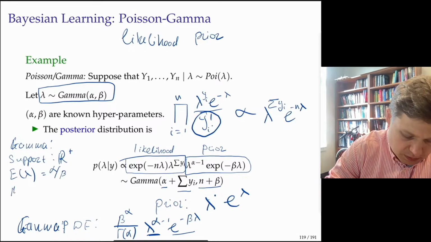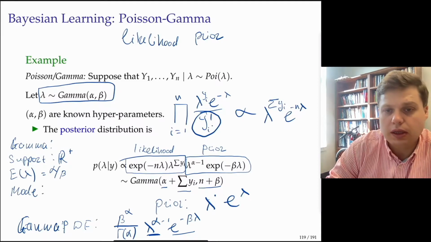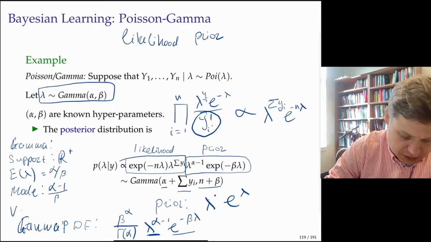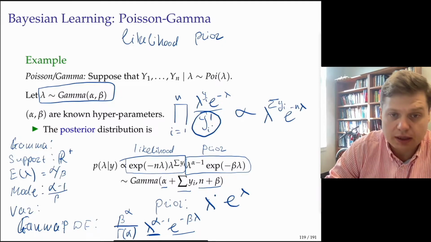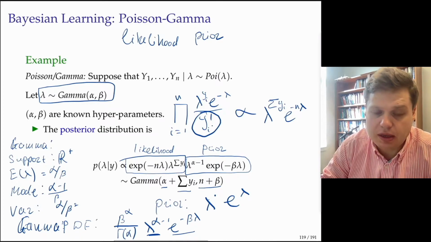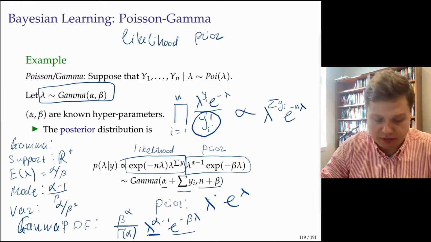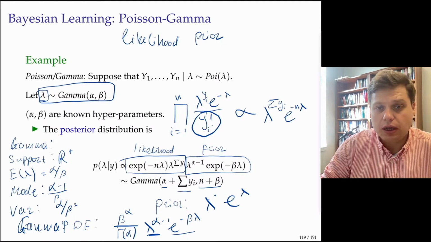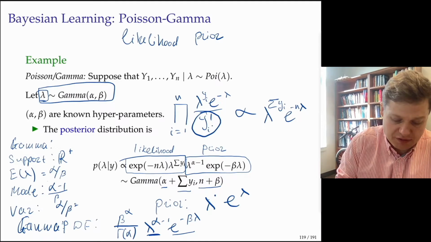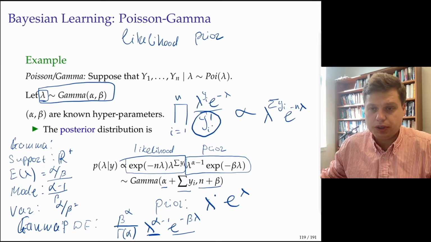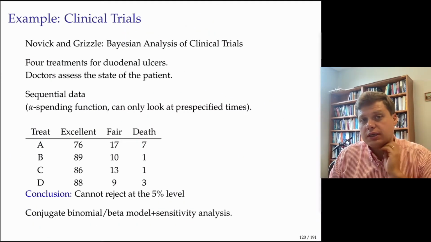And the mode is the ratio of alpha minus 1 divided by beta. And the variance is relatively easy here. It's alpha divided by beta squared. Again, if you have some idea about what the variance and expected value of your lambda parameter is going to be, you can basically reverse engineer the alpha and beta hyperparameters for your prior for the Poisson Gamma model.